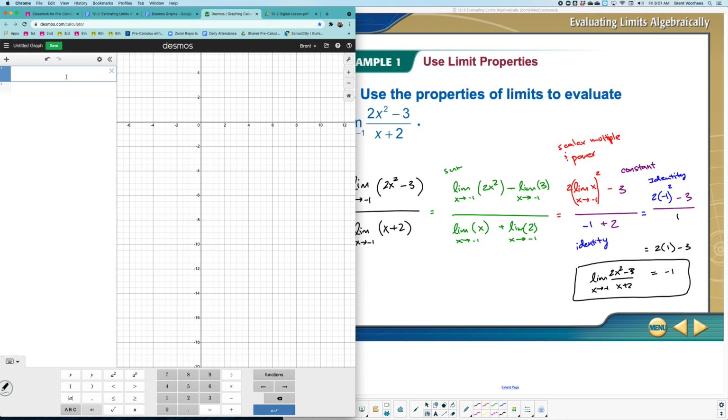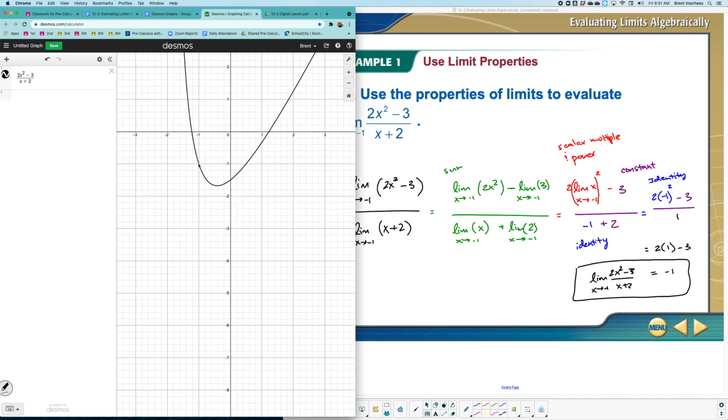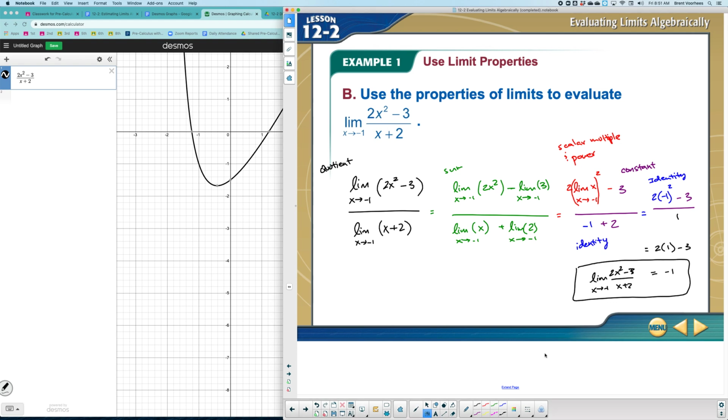If I graphed 2x squared minus 3 over x plus 2, as we approach -1, you can see the y value that it's approaching is -1. As we approach from the right side and the left side, we approach -1. So we did in fact do that correctly.